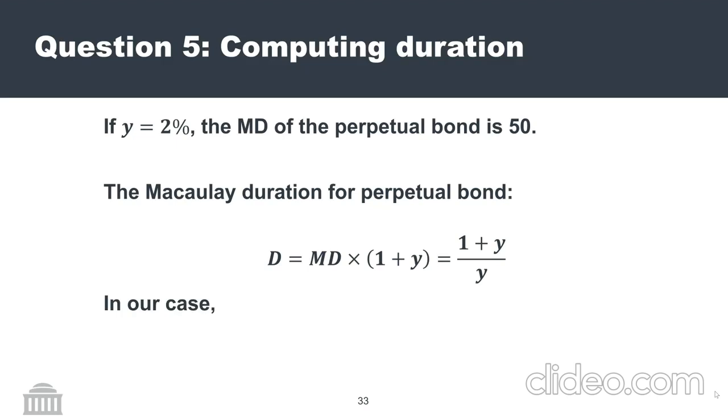And so therefore, in our case, given that y is 2%, the Macaulay duration will be just 1 plus 2% divided by 2%, and that's going to be 51. So to summarize, for this perpetual bond, given that yield to maturity is 2%, its Macaulay duration is 51, and its modified duration is 50.